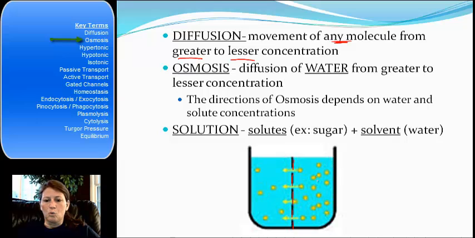It could be sugar, Kool-Aid. You'll notice if you count up, there are more on the right side than the left. So diffusion, since we're talking about solutes, keep that in mind, diffusion, any molecule. The solutes in this case will be diffusing across from greater to lesser concentration until everything is equal.